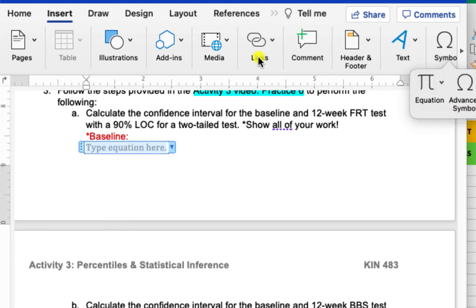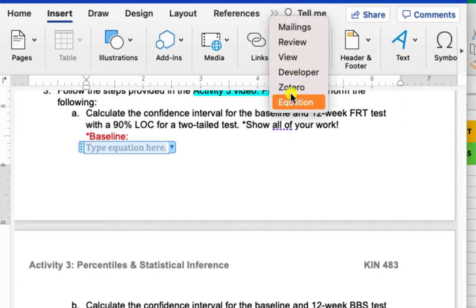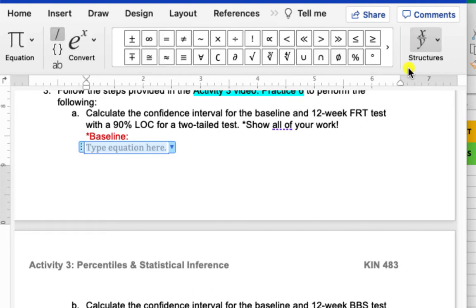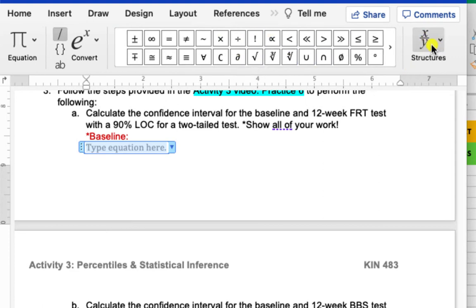When you click in the equation box, you will notice that an equation tab is added to your main menu. So let's go ahead and click on that. And this should bring up a toolbar that allows us to edit different elements in our equation. So we can add symbols, we can add various structures, etc.